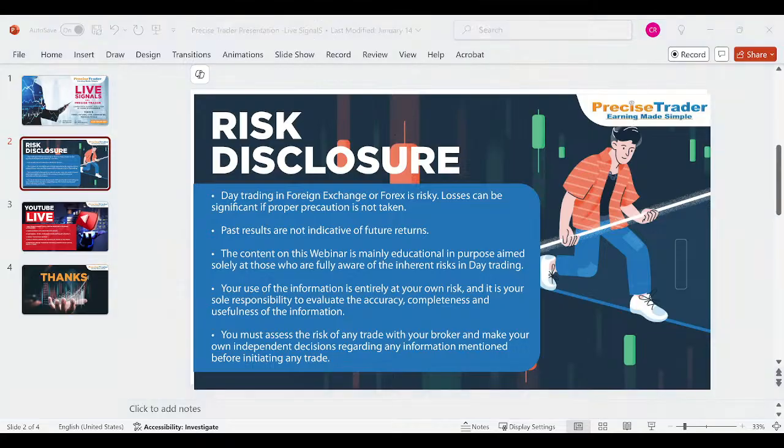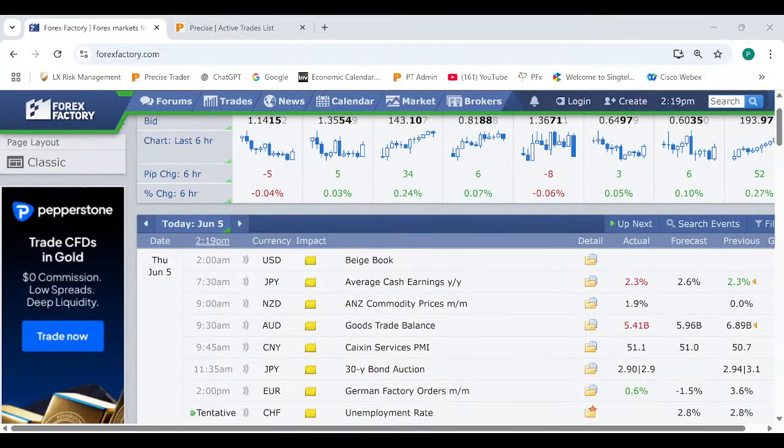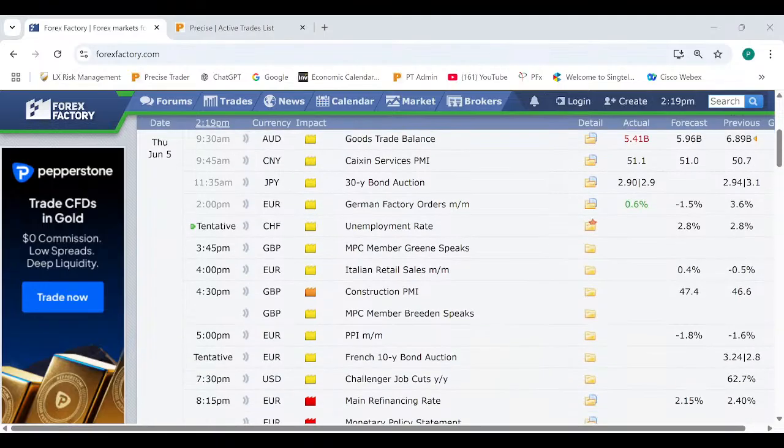With that, we move on to our live analysis. So the key data that is going to be out tonight: we have construction PMI from the UK, which is coming out at 16:30, in another 1.5 hours, and the forecast is 47.4.